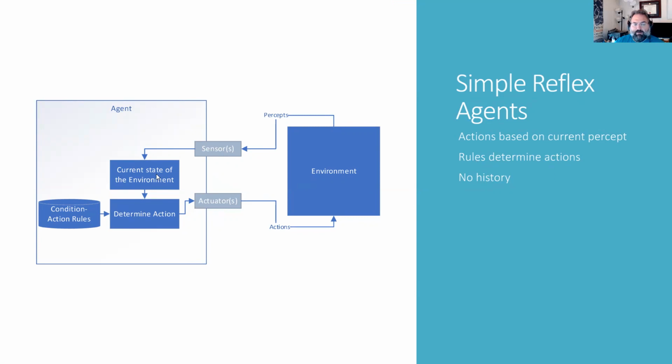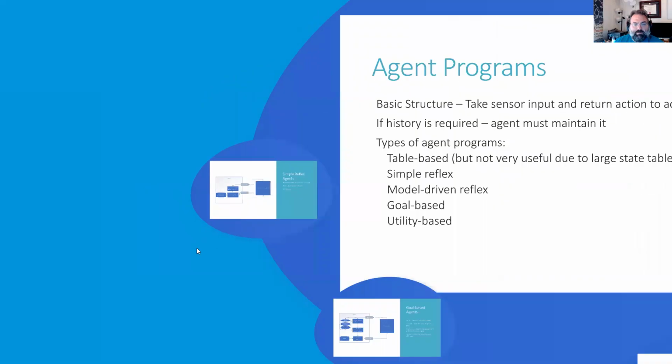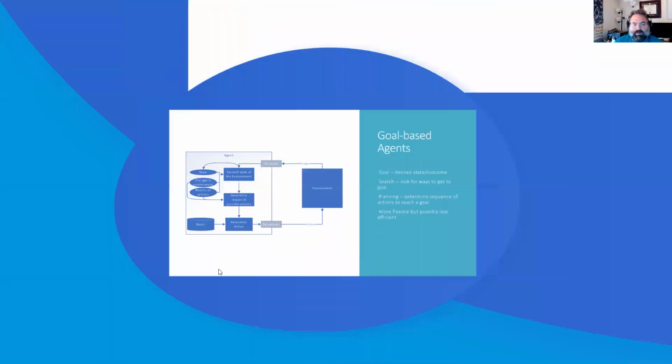So you have something that reads from the sensors, keeps track of the current state, figures out what rules are applicable, decides what to do, and then acts upon it. Relatively simple. It doesn't necessarily keep track of what it did in the past.